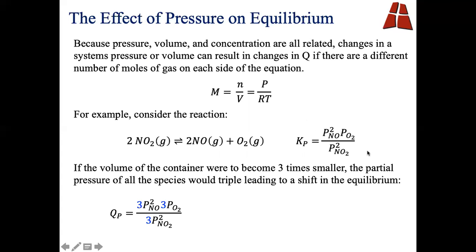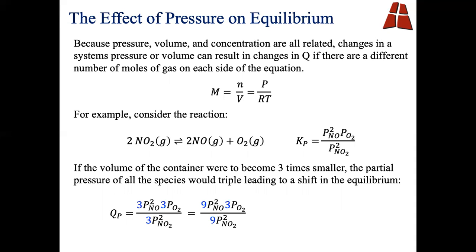But what if we changed the volume of our container and made it 3 times smaller? Then the partial pressure of all of our species would triple. And so we would need to add 3s in front of all of our partial pressures, and then we could calculate the effect on Q, which would tell us if our reaction will move, of course, towards products or reactants.